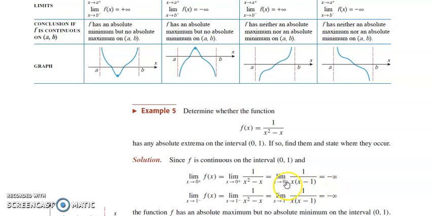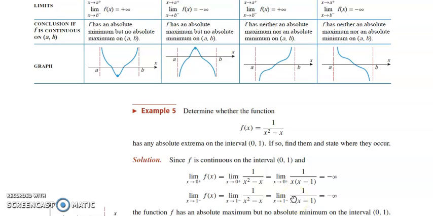The value of x will be positive when you have 0 plus, and x minus 1 is going to be negative, so you will get minus infinity.